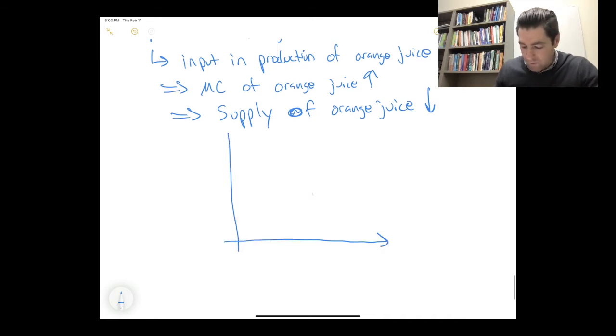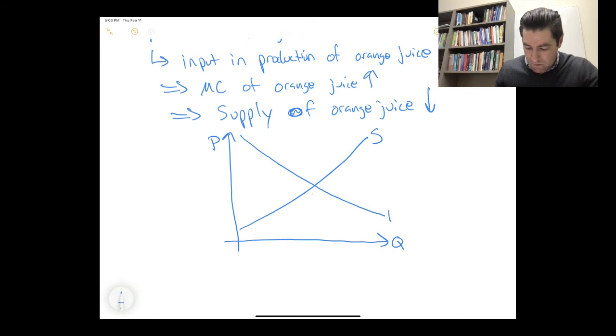So if we draw our supply and demand diagram here, we'll say our equilibrium price was $3 when we started, and we sold 120 million gallons of orange juice.